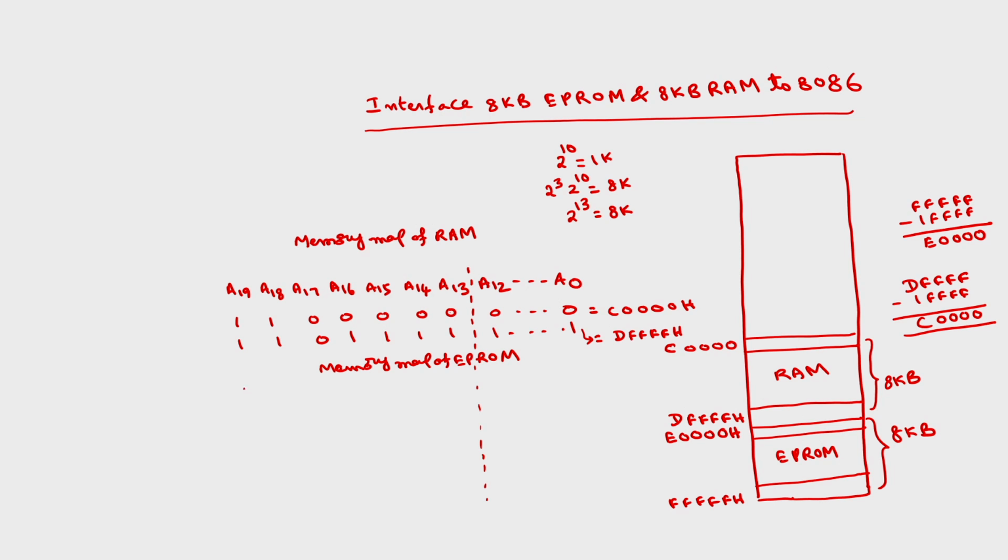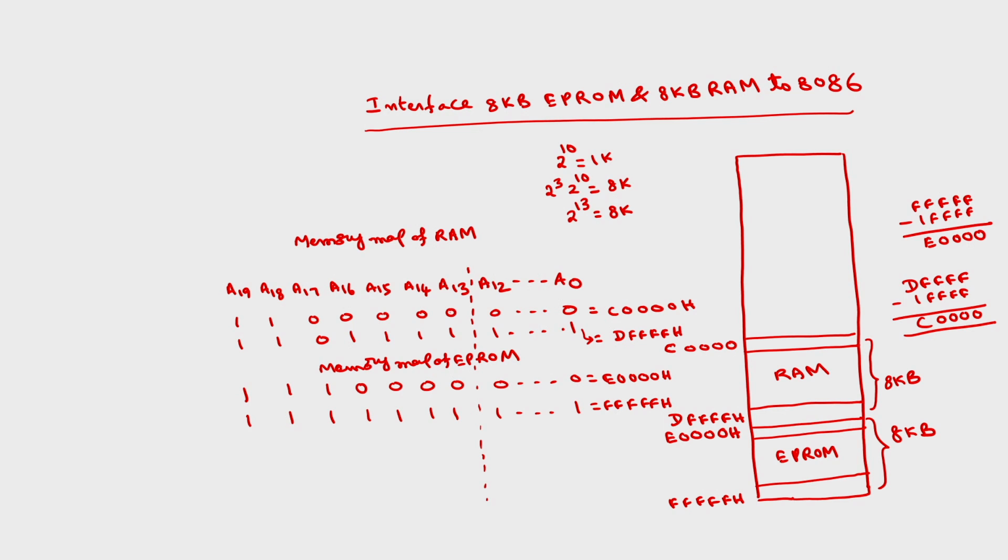E is 14, which is 1110, then all zeros, which is E0000H, and the ending address is all ones, FFFFFH. This is the memory map. By varying A0 to A12 from 0000 to all ones, we can choose any of the locations from the 8 kilobytes of memory.